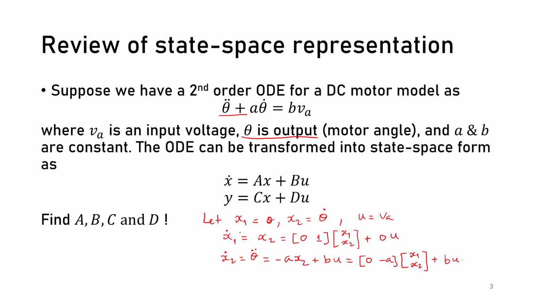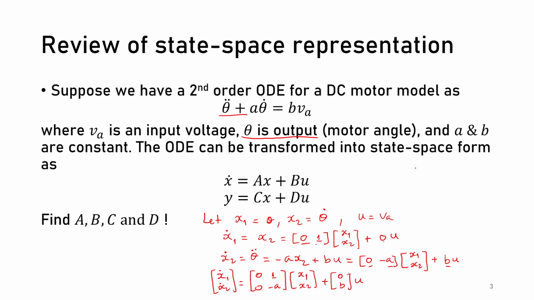Then we can concatenate these two equations. So h1 dot, h2 dot equal to 0, 1, 0, minus a times h1, h2, plus 0 here, and then b here, times u.